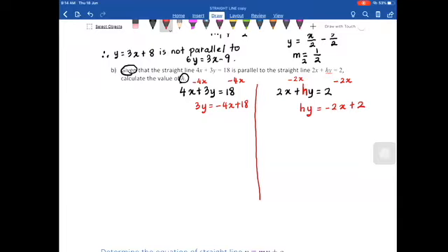So now, ingat balik kita punya observation tadi. Nilai coefficient of x must be the same. Barulah line tersebut parallel. Okay, since y yang kedua ini, I don't know the value of h, so I cannot compare dengan yang sebelah sini 3y. But what I can do is I can compare the value of x.